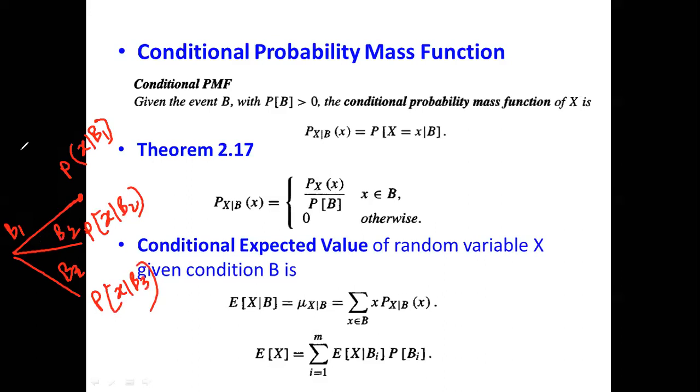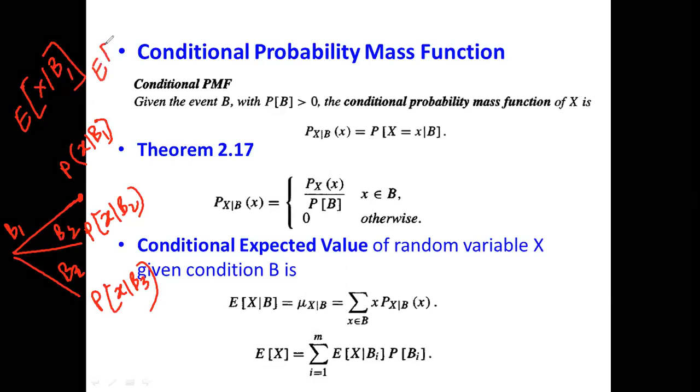If we have the expected value of X given B1, the expected value of X given B2, and also the expected value of X given B3, then how do we find the expected value of X?